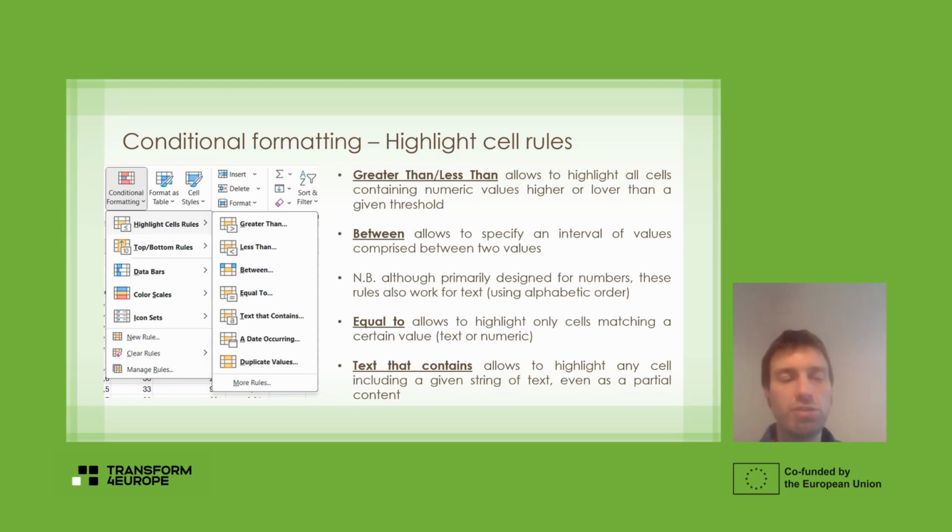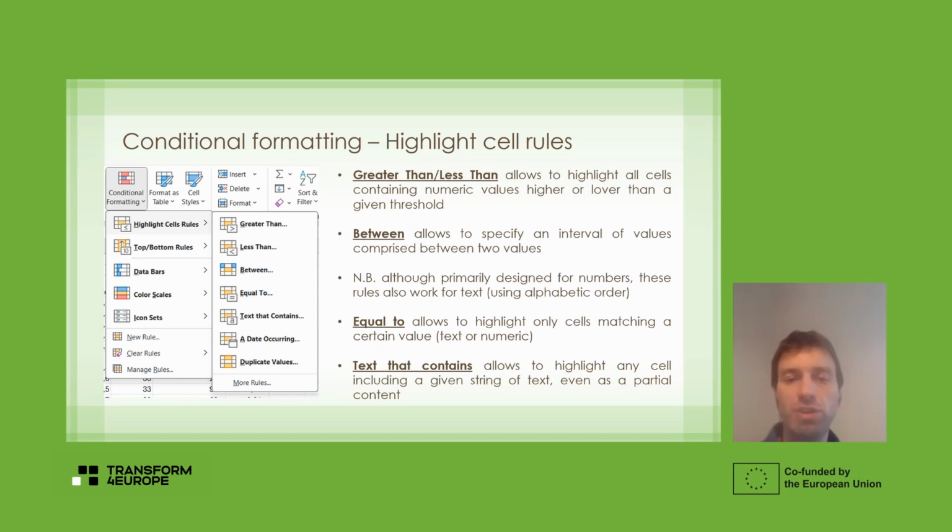And a more interesting option that comes back to the example that I showed you a couple of slides before is that you can also include a text that contains, okay? So a text that contains will allow you to highlight any cell that includes a given string of text in any position, even as a partial content.